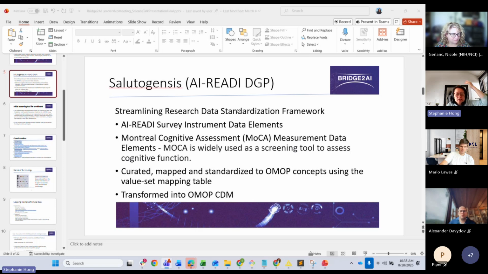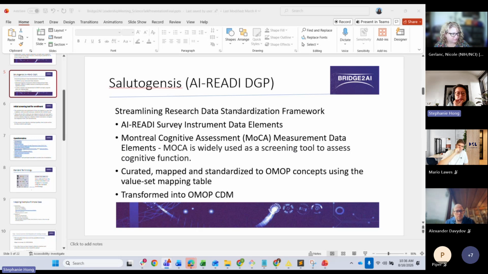So in Salutogenesis, we used various different standard survey instruments, and we created our own collection of those survey instruments into a REDCap survey data form, and we use that to collect data across 4,000 participants who agreed to enroll for this study.